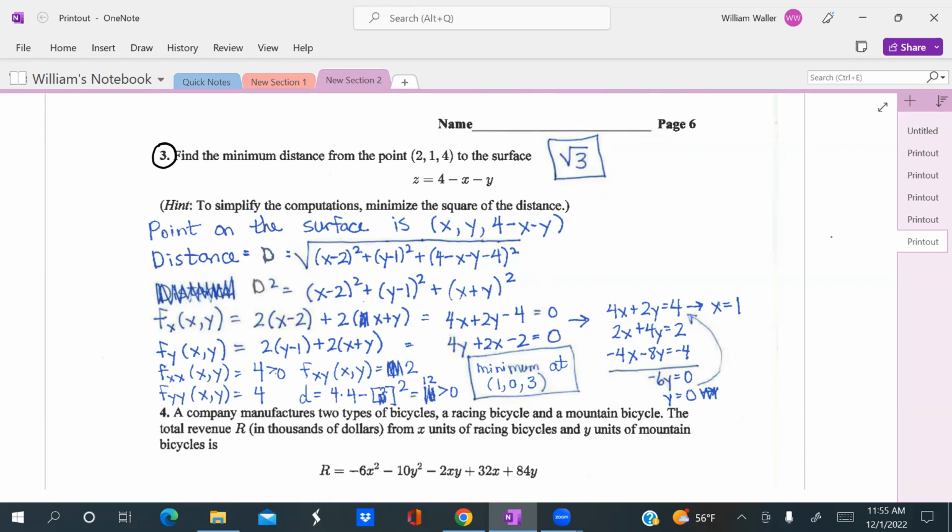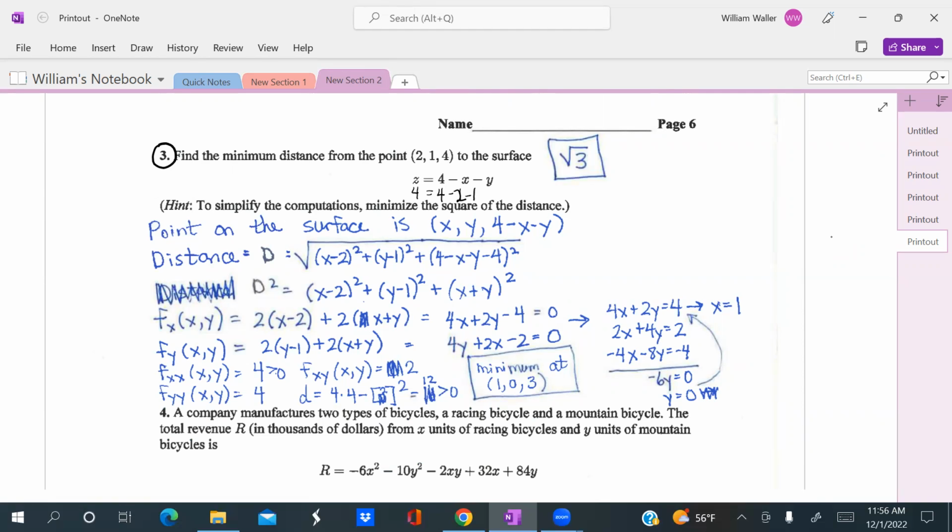We should check to make sure that this point is not on the plane, right? Because if the point is actually on the plane described by this equation, then of course the minimum distance is 0, and we don't have any work to do. But if you plug the coordinates of this point into the equation, you get 4 equals 4 minus 2 minus 1, because x is 2 and y is 1 at this point.